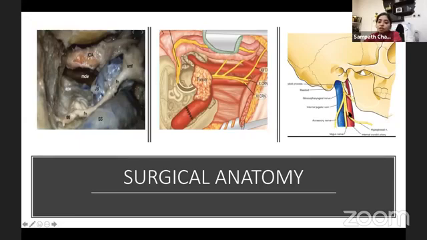The vagus nerve runs between the internal carotid artery and internal jugular vein. In surface anatomy, as we dissect, the first nerve we will encounter is the accessory nerve, then the internal jugular vein, then the hypoglossal nerve, and last the glossopharyngeal nerve.